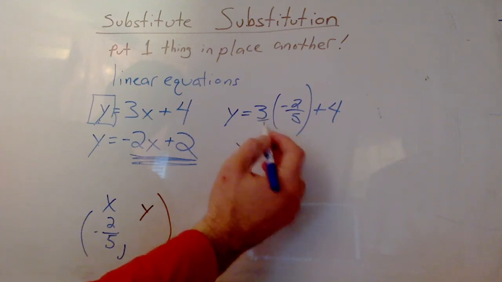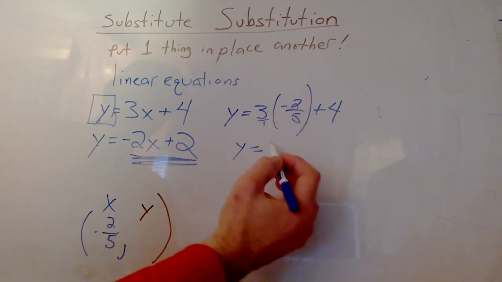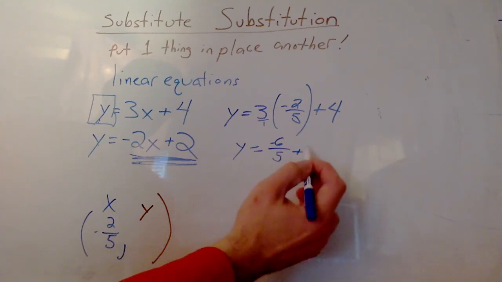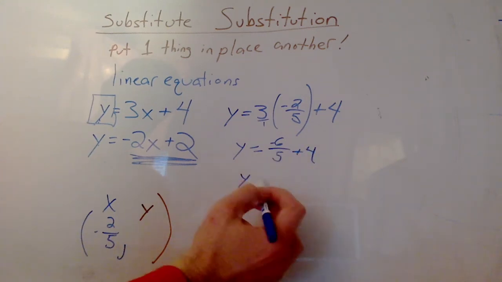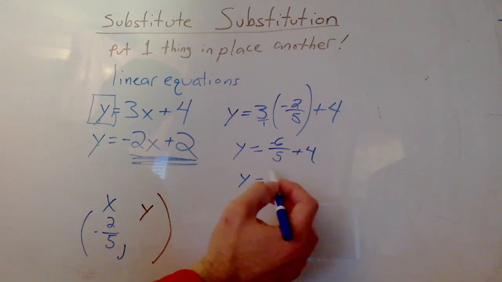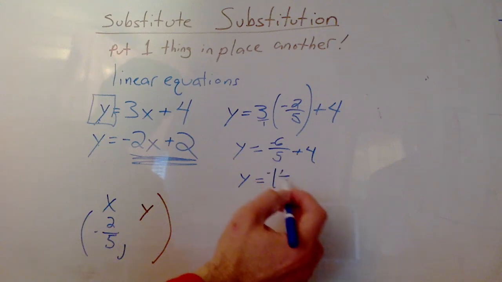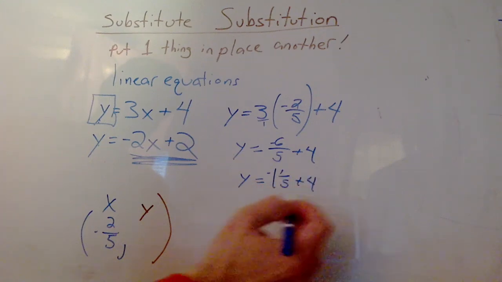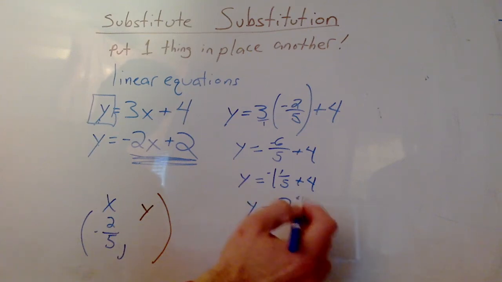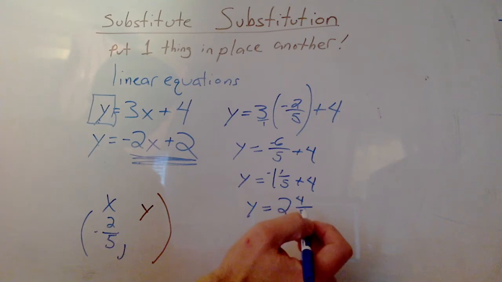I can imagine 3 over 1. 3 times negative 2 is negative 6. 1 times 5 is 5. Plus 4. So, what is negative 6 fifths plus 4? Well, this is the same thing as 3 and 4 fifths minus 1 and 1 fifth, so I know that y equals 2 and 4 fifths.